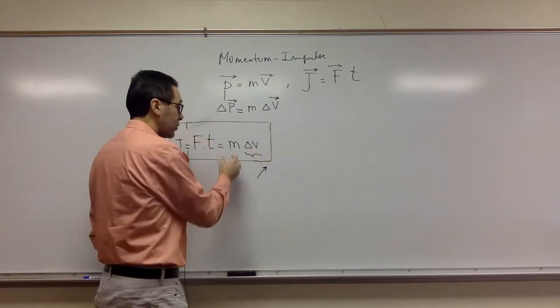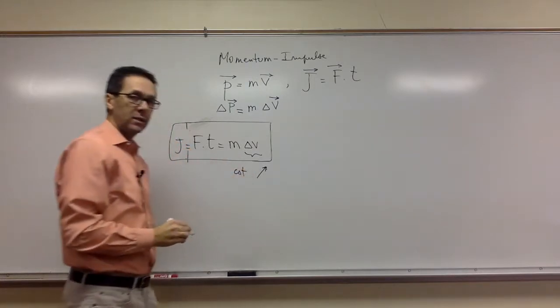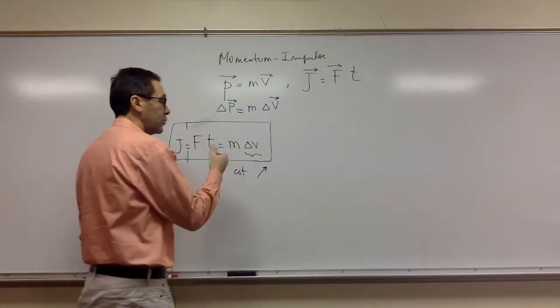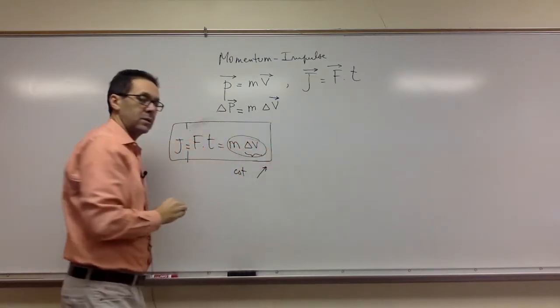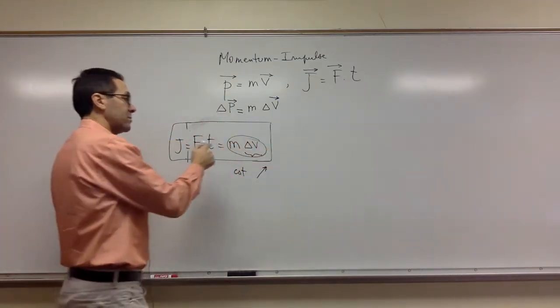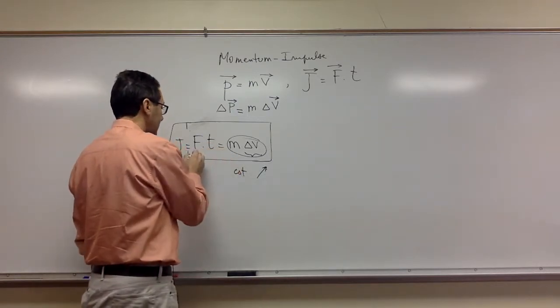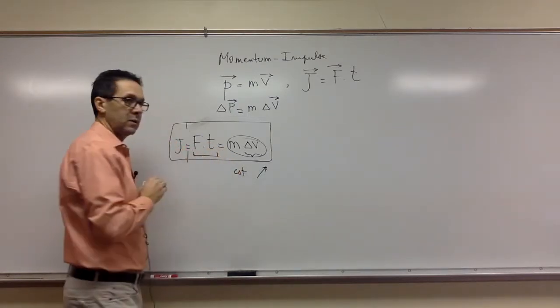Right? You have no control over the mass, right? So the bottom line is that if you want it to go really far, you have to maximize this. In order to maximize that, you have to come here. You control this stuff, right?